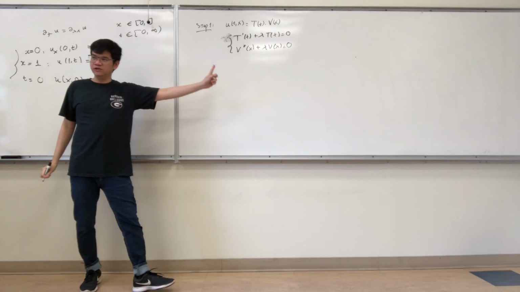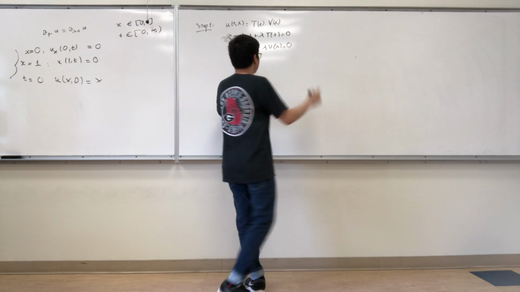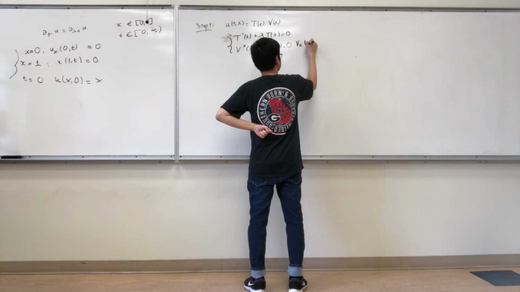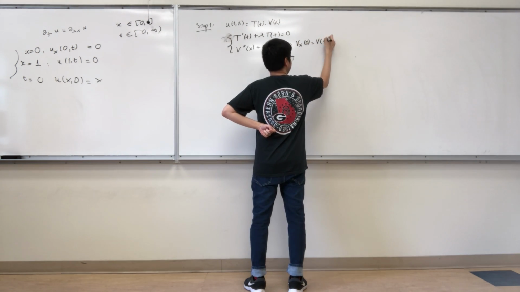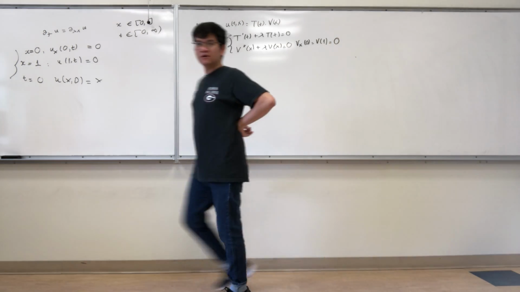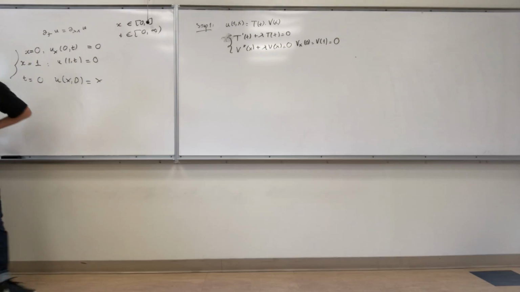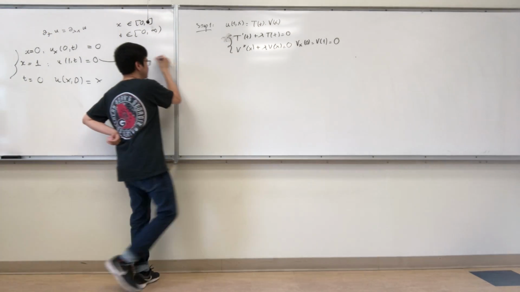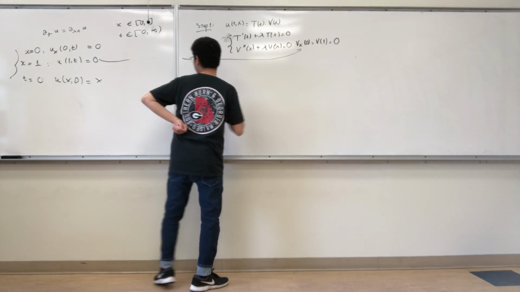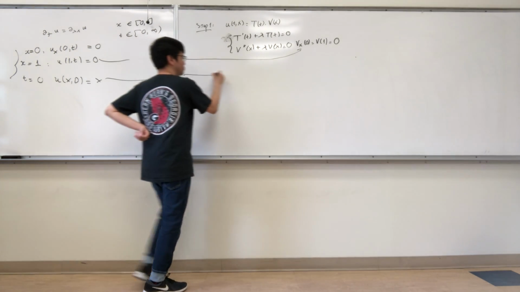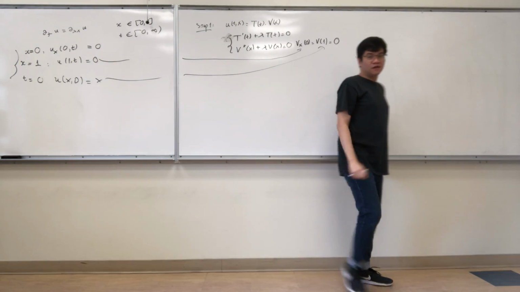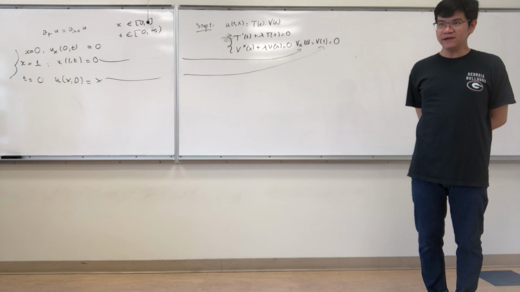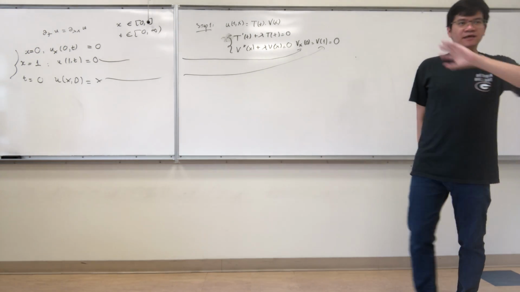For the second equation, you also have boundary conditions: V(0) and V(1) are 0. So basically, the boundary conditions of the second equation come from the boundary conditions of the initial PDE.